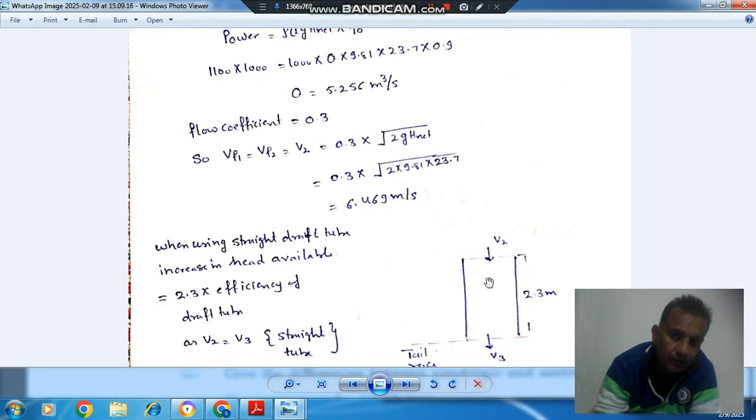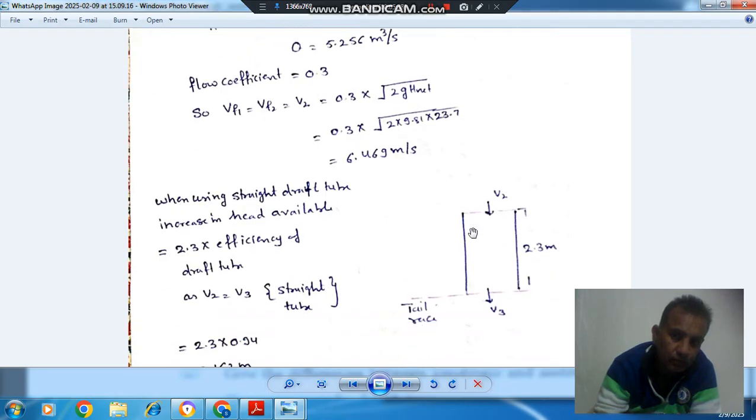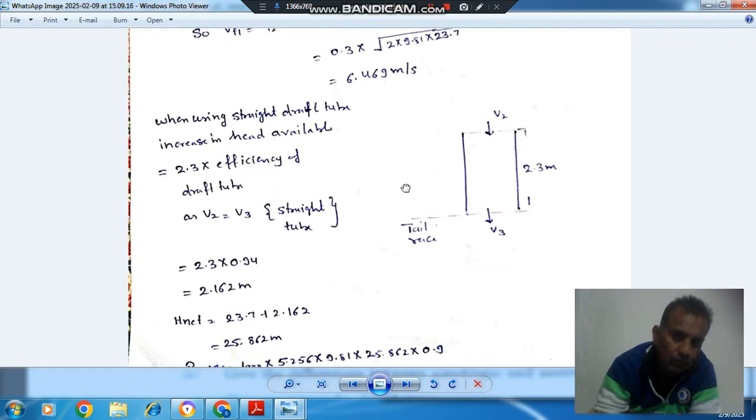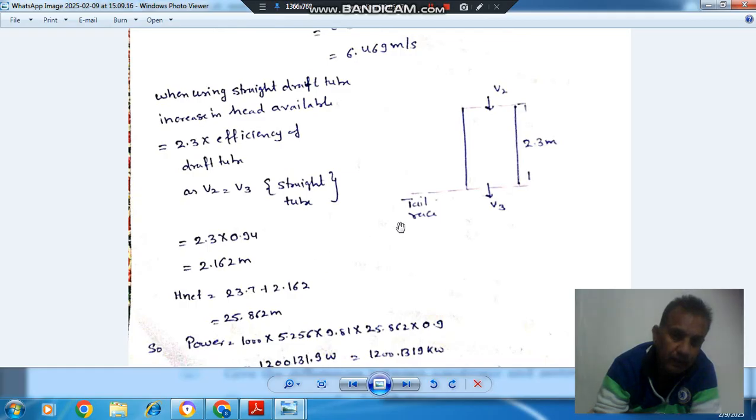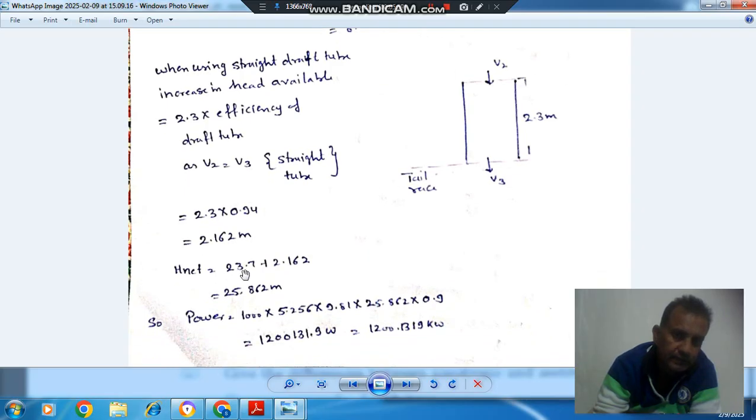As the draft tube is straight, no diameter variation, V2 will be equal to V3. So net head increase will ideally be the height only, but efficiency is given, so we multiply by the efficiency of the draft tube, so net head increase is 2.162 meter. Previous net head was 23.7, now it has increased by this amount, so total net head is 25.862.